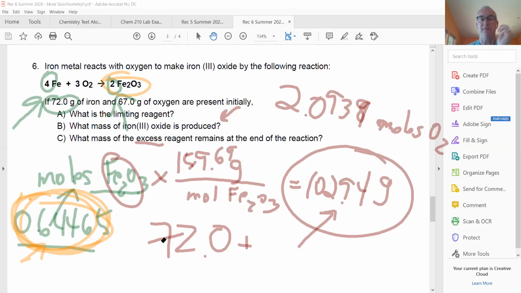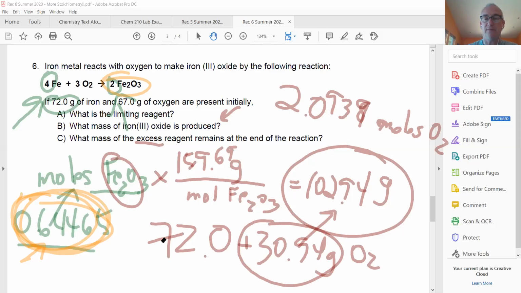The mass of oxygen was 102.94 minus 72, which is 30.94. That's how much oxygen we consumed. If we consumed 30.94 and we started with 67, you just subtract 30.94 from 67. So 36.1.